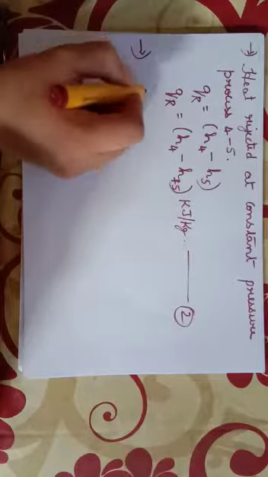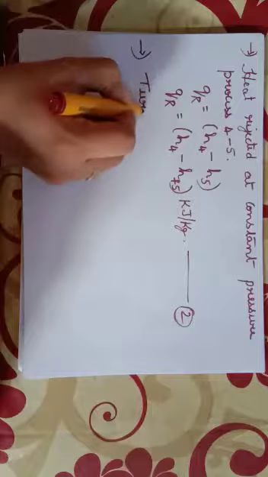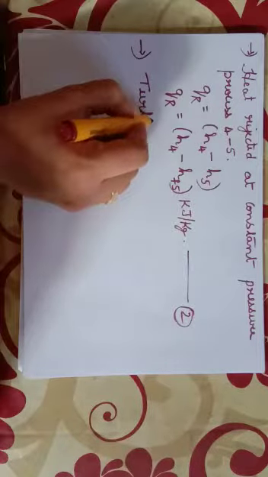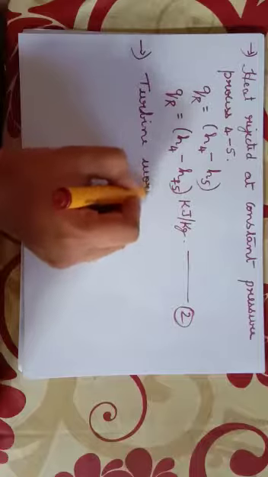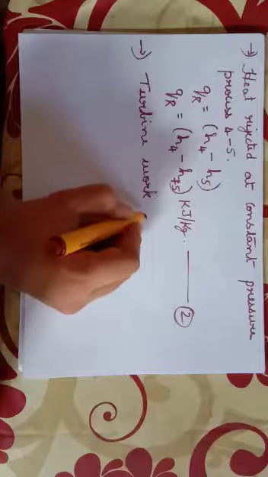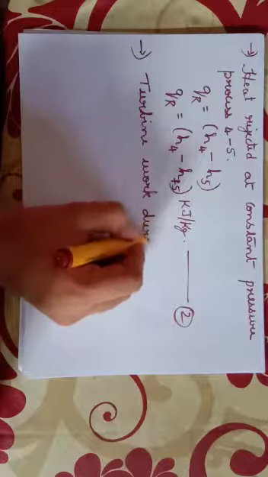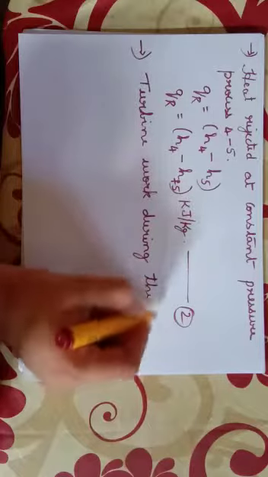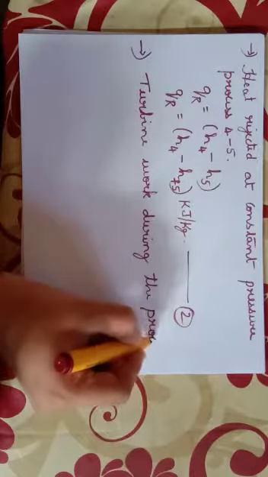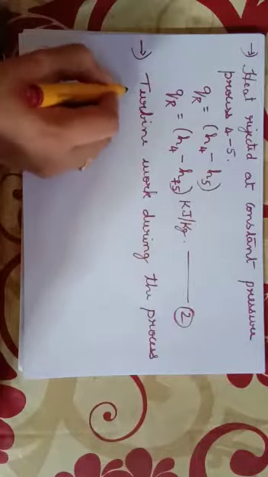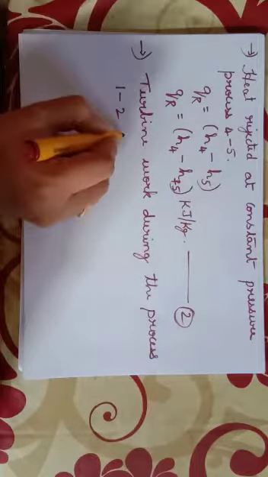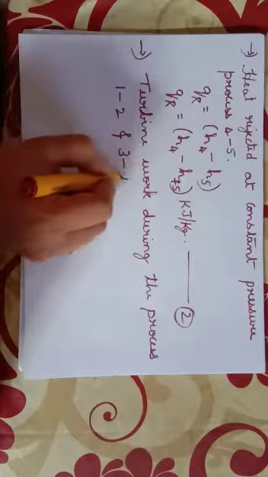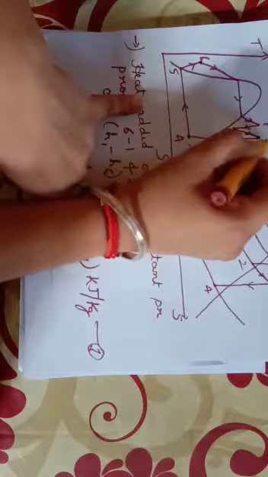Now turbine work. During the process 1 to 2 and 3 to 4. This is process 1 to 2 here, and 3 to 4. These are two turbine works.